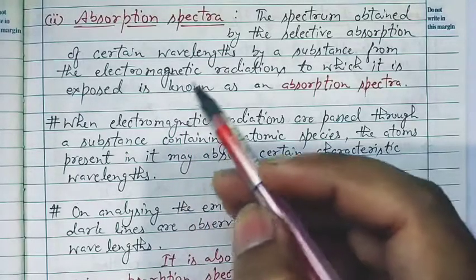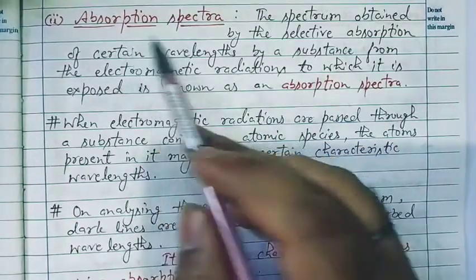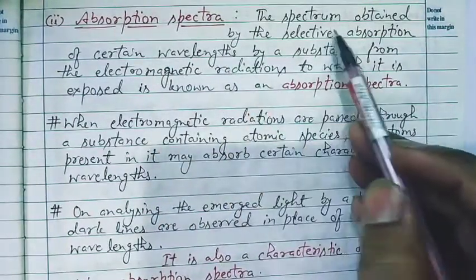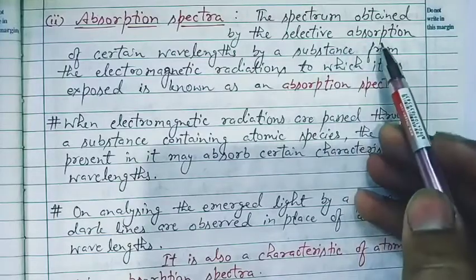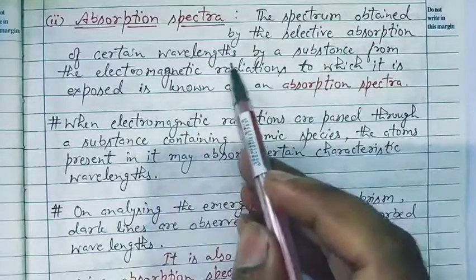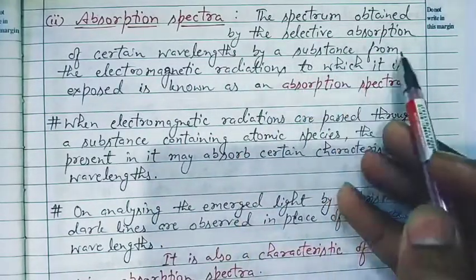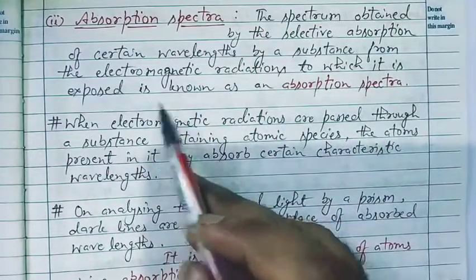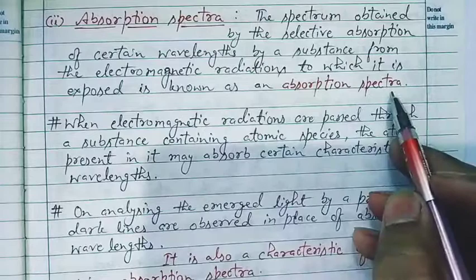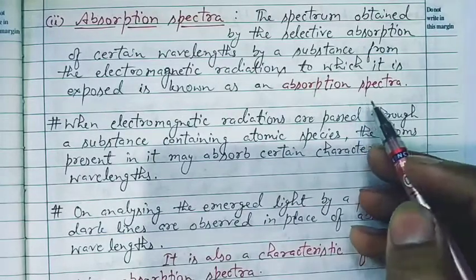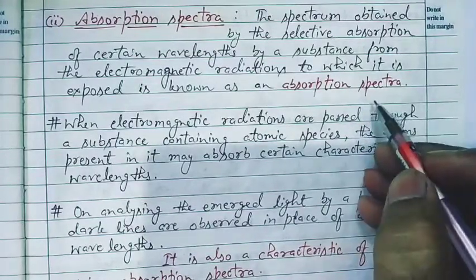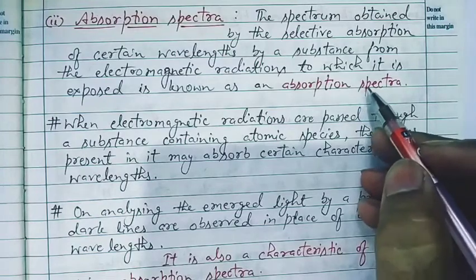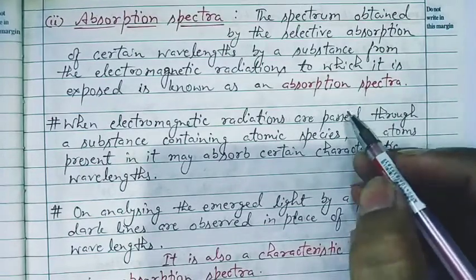The second type of atomic spectrum is the absorption spectra. The spectrum obtained by the selective absorption of certain wavelengths by a substance from the electromagnetic radiation to which it is exposed is known as absorption spectra. That means if any metal is given some energy, some energy will be absorbed.